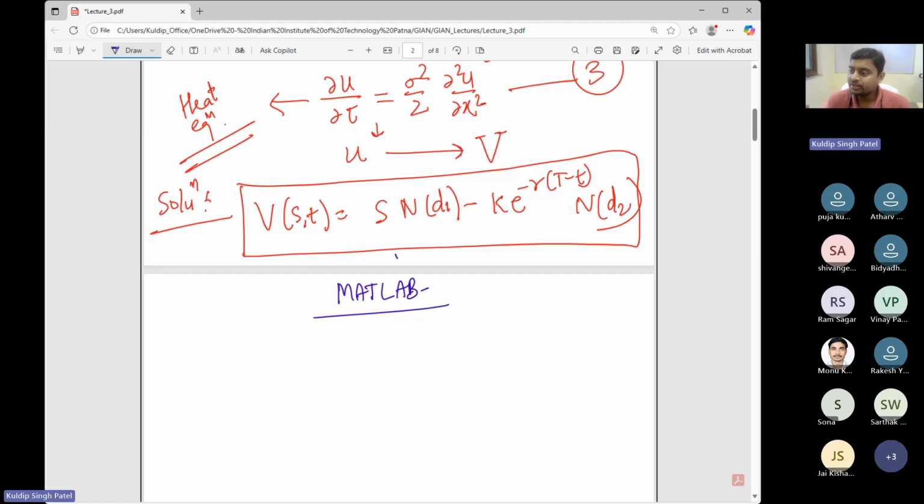So then for numerical methods, we started with the finite difference method for the heat equation. We implemented it on pen and paper first. Later on, we will go for MATLAB. And then we realized, who guarantees that whatever you are implementing is going to give you accurate results?